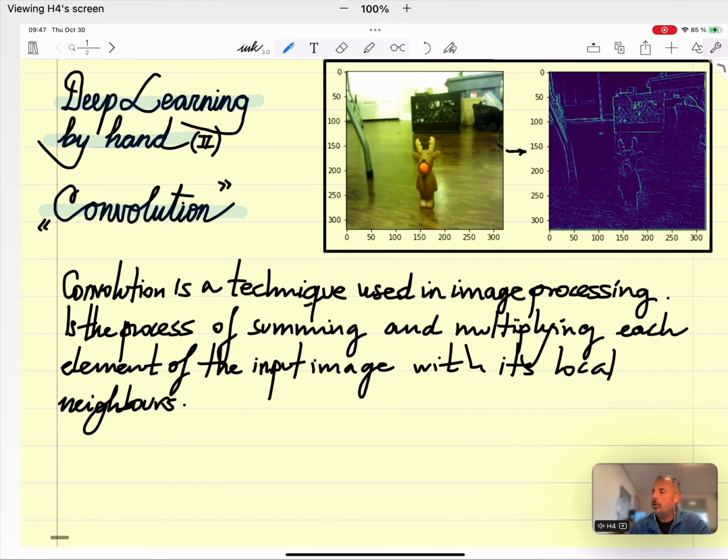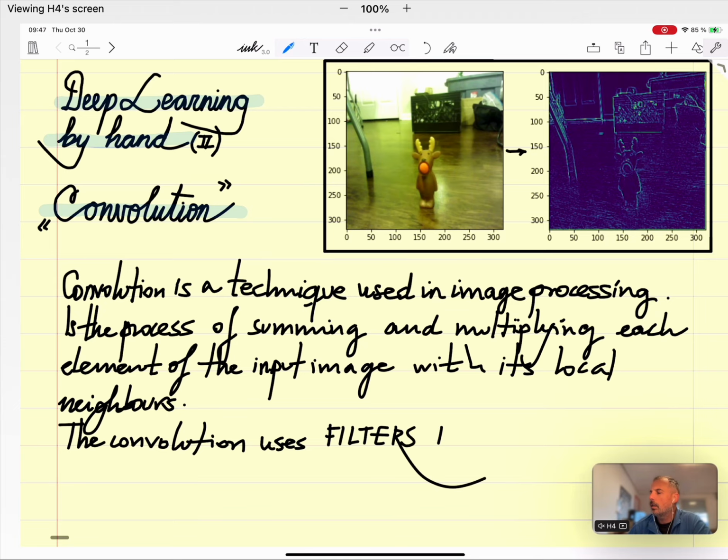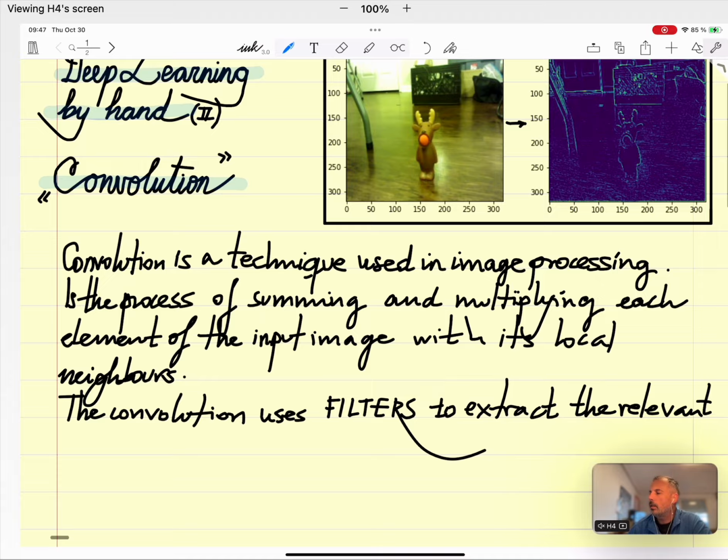The convolution uses filters to extract the relevant information we are interested in.